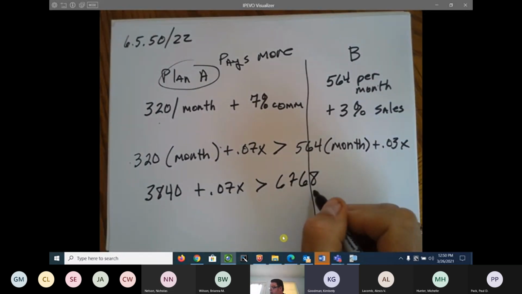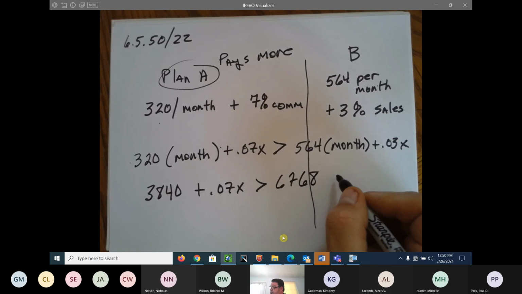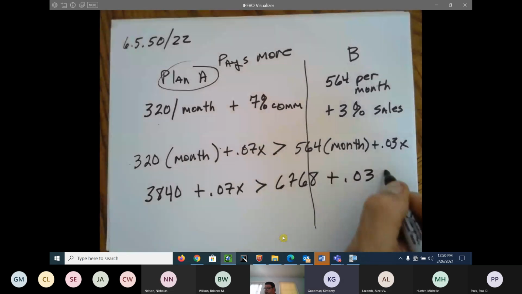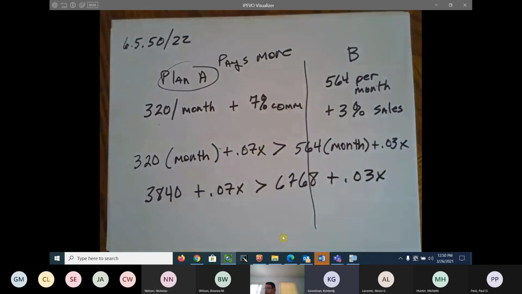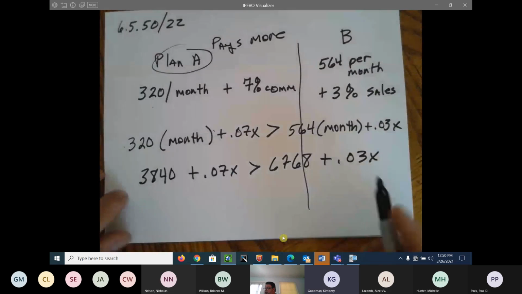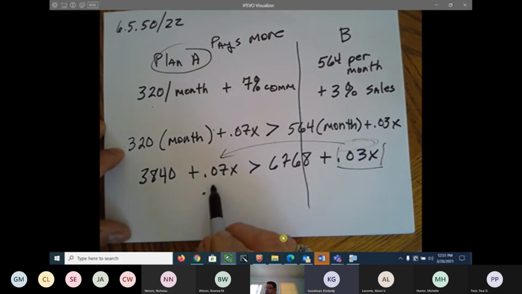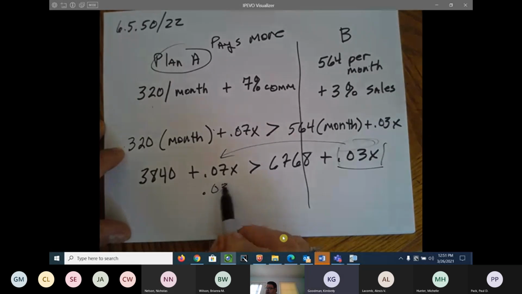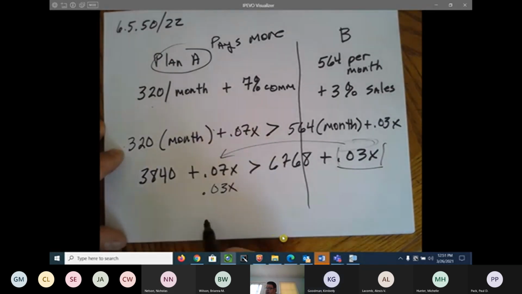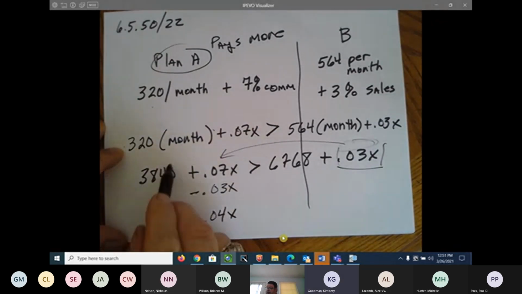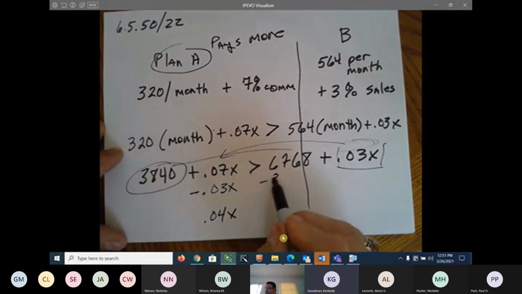Plus 0.03x. Which one's the smallest bucket? 0.03 is your smallest bucket. Bring it across the river. That's going to be 0.04x. And I'm going to bring 3840 across the river.